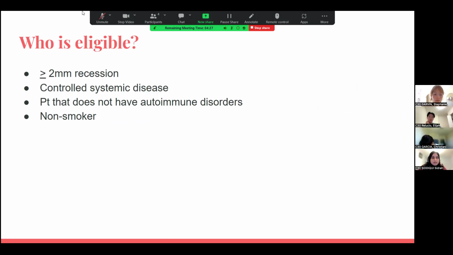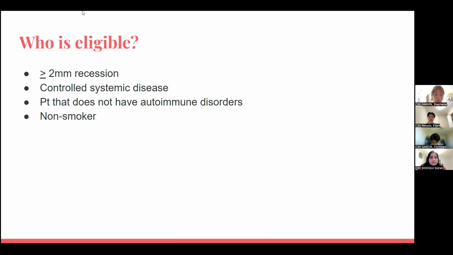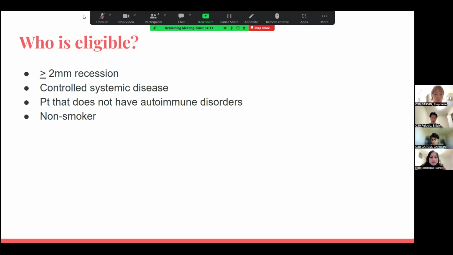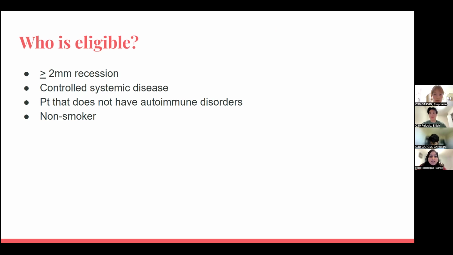So, who is eligible? When selecting clients for AlloDerm procedures, case criteria play a critical role in ensuring success. First, this material is most appropriate for patients with more than 2 millimeters of gingival recession. These are the cases where soft tissue coverage can provide both functional protection of the root and aesthetic improvement. Second, we need to consider systemic health.